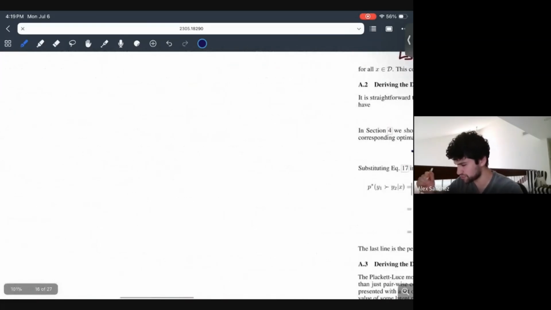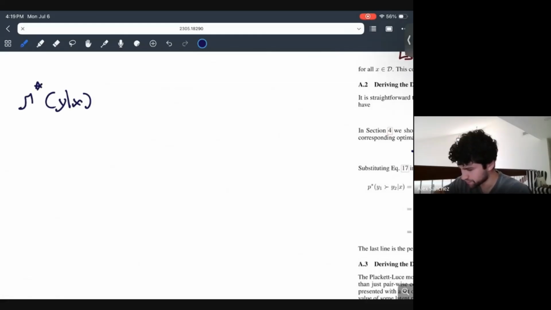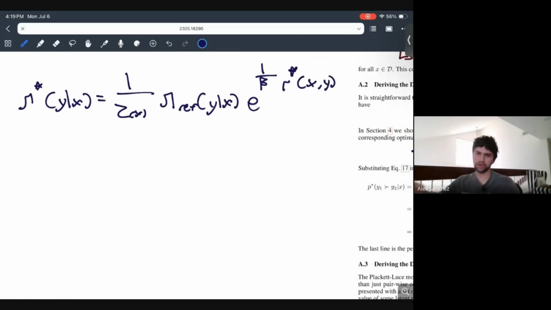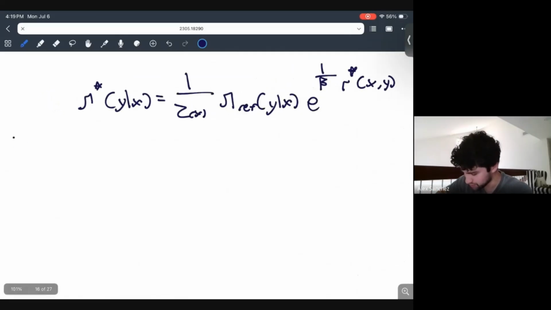We have our optimal policy is 1 over z of x times the reference distribution e to the 1 over beta r. Here, let's just say r star, because this is the reward of our optimal policy. What we do is multiply both sides by z of x. Again, like I said, this is a lot of basic algebra.